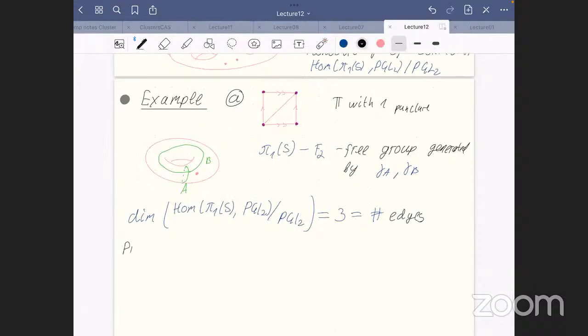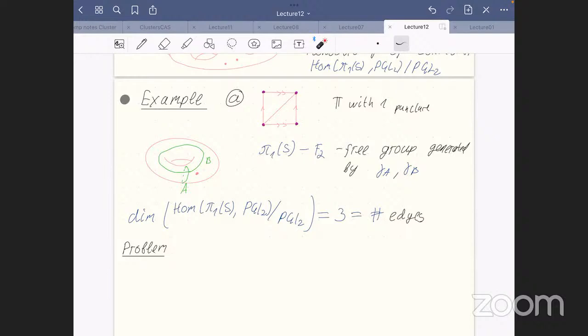Of course, you can ask, can this be made more explicit, how to write down everything in coordinates.